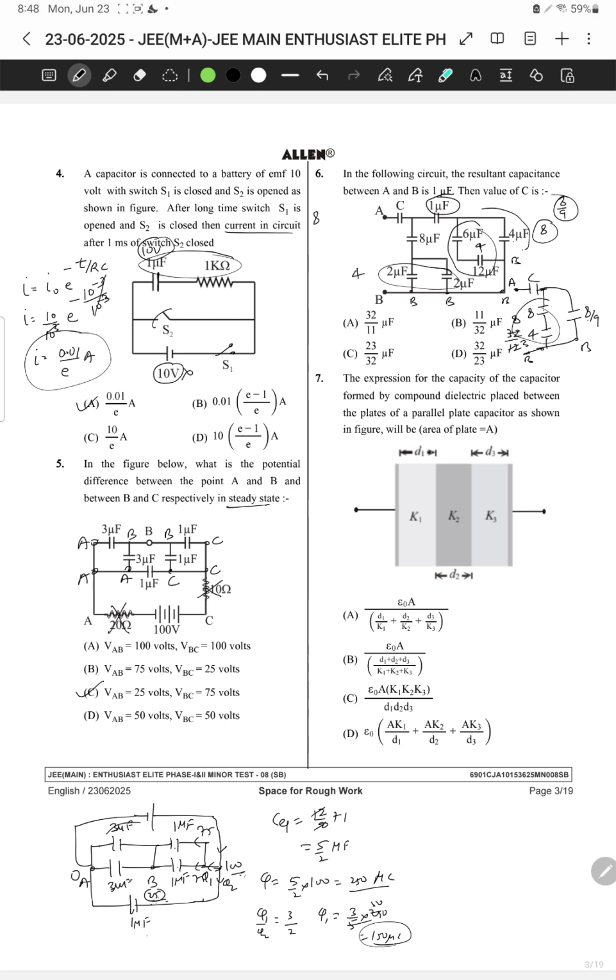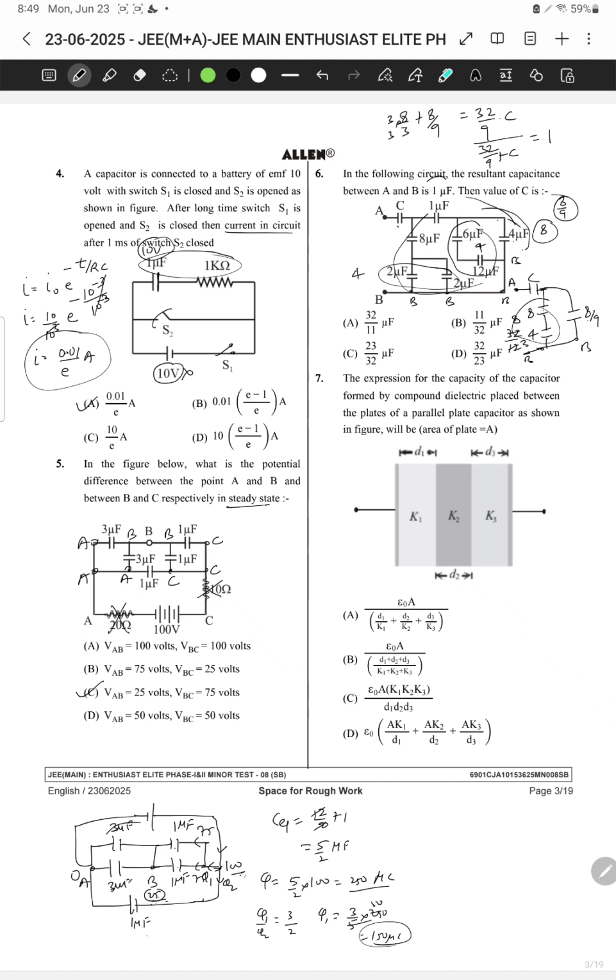So what is it here? 8 by 3 plus 8 by 9 makes it 32 by 9. This 32 by 9, overall, is in series with this C, right? So 32 by 9 into C divided by 32 by 9 plus C is equal to 1. That has to be 1 as from the question, 1 microfarad.